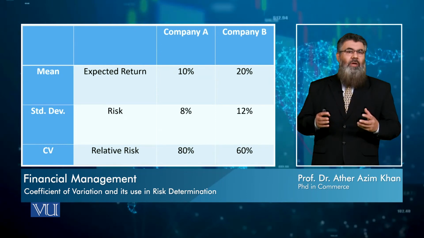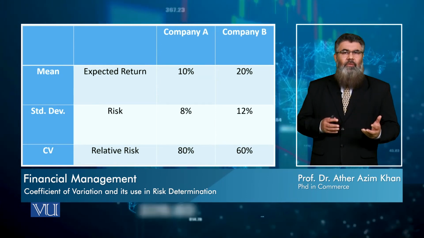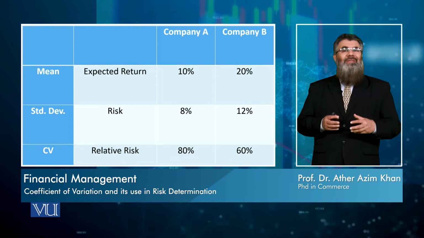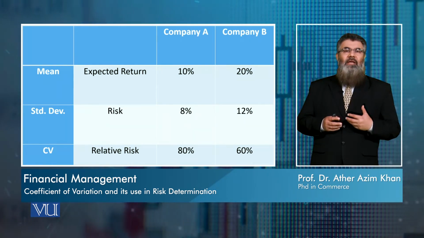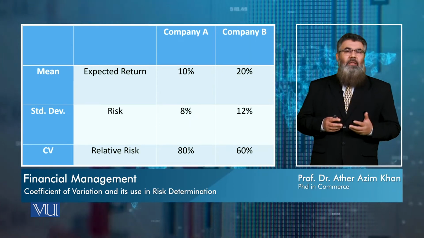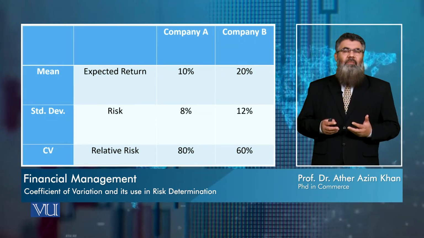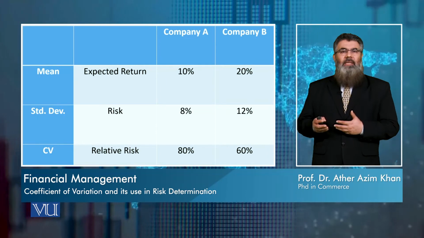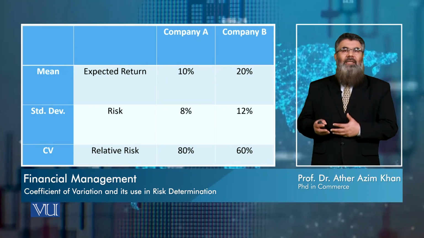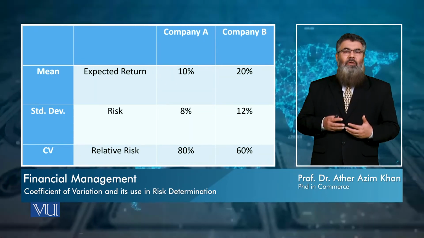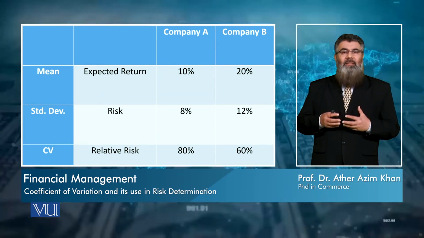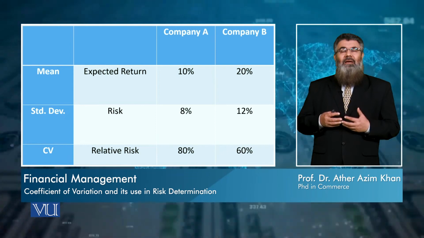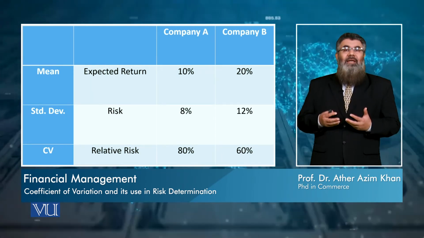But let's have a look at the calculation of coefficient of variation, which is the relative risk, and it is calculated by dividing the risk with the expected return. यानी कंपनी ए के केस में we'll divide 8% by 10% or 8 by 10 and we get an answer of 80%. यानी कंपनी ए का रिस्क उसके एक्सपेक्टेड रिटर्न के मुकाबले में 80% है.